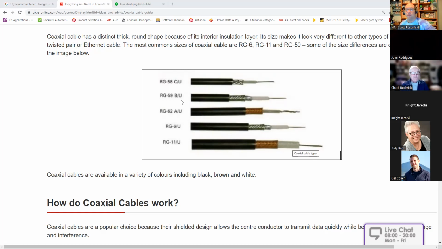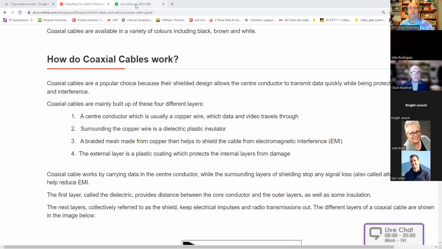To change it to a different impedance, the physical characteristics of the 58 are going to be a little bit different, let's say from the 59. They're about the same size, but you can see that the geometry is a little bit different, and it's very subtle.